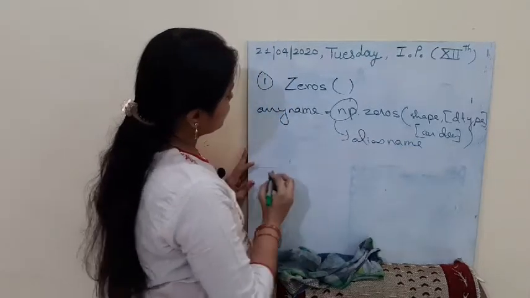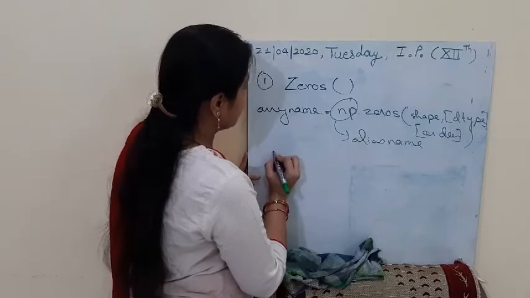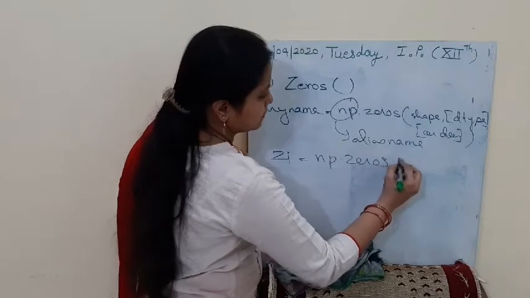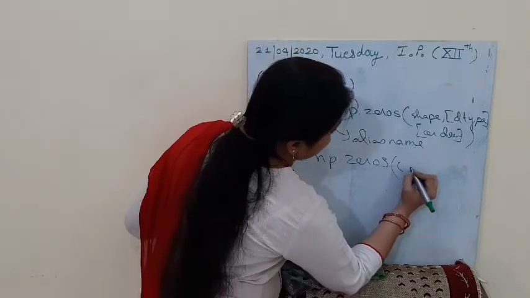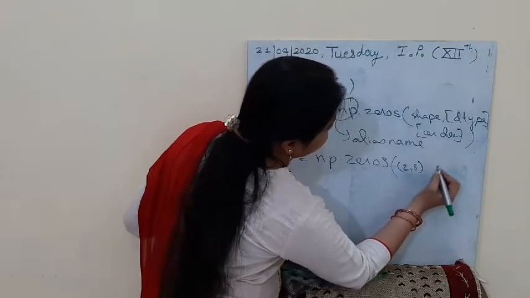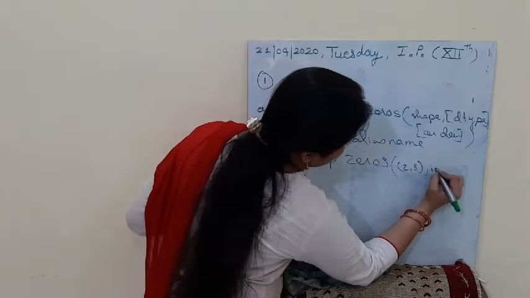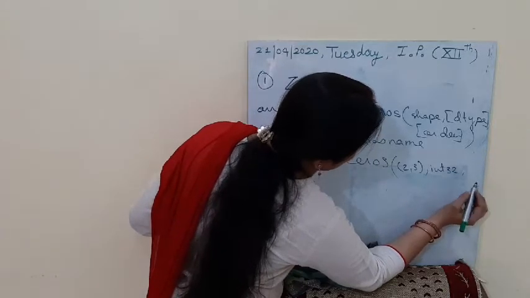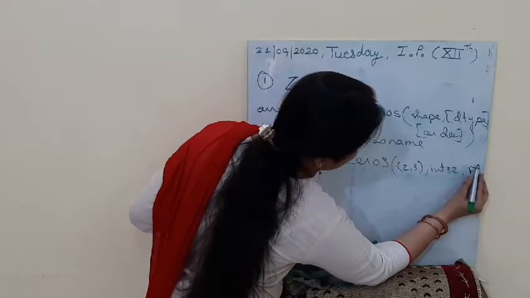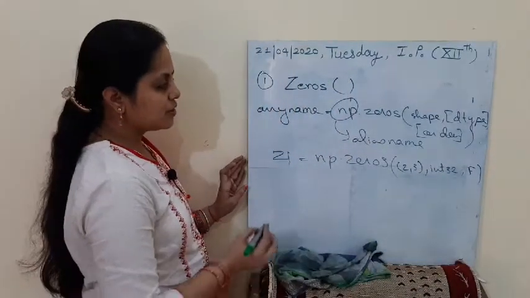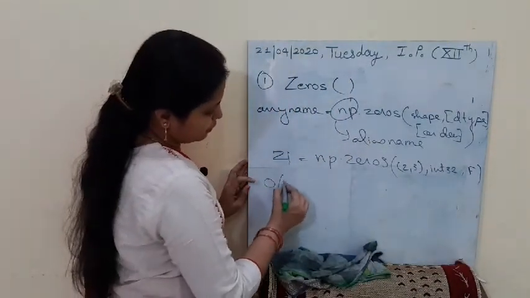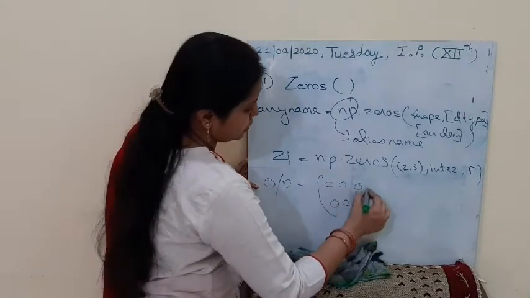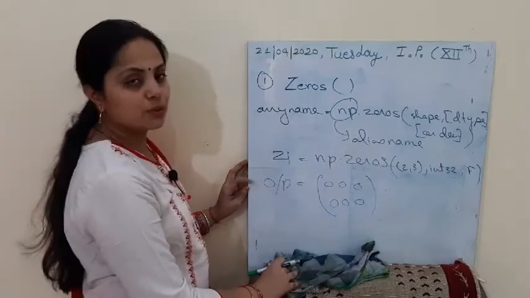So for example, if I want to give an example, I will be writing z1 is equal to np.zeros(2, 3, int32, F). So this will be my declaration, and what will be the output? The output for this will be 0, 0, 0, 0, 0, 0.